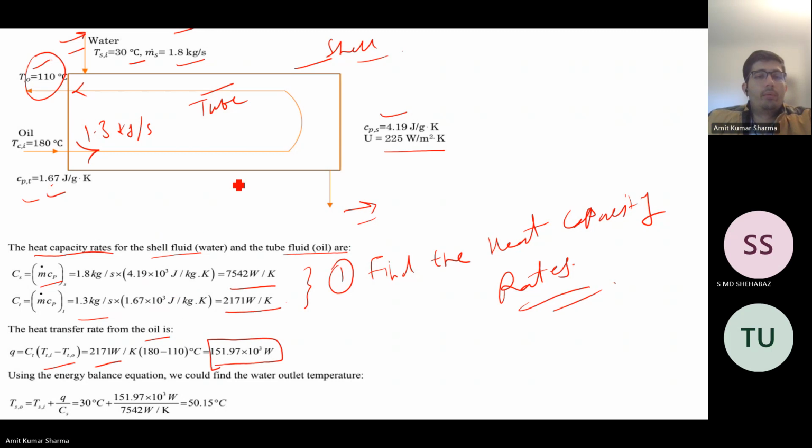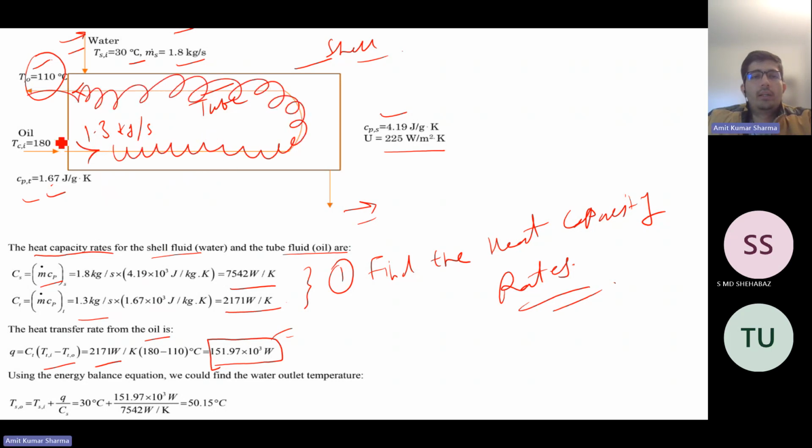So we know the inlet and the outlet condition for the hot stream oil. From that, we can find the exact heat transfer. So this much amount of heat is taking part in the heat exchange. The oil will lose this amount of heat and the water will gain this much heat.